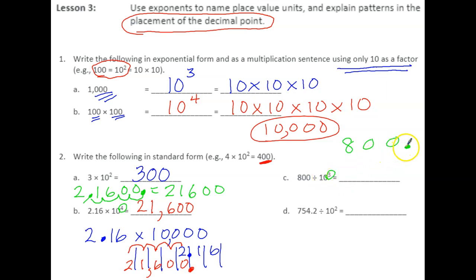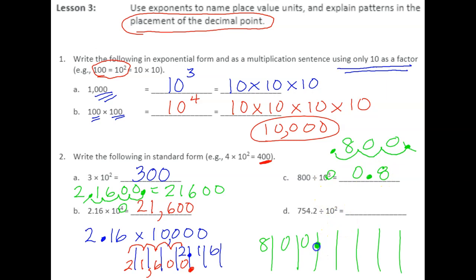Every movement is going to be an adjacent movement of the digits. So divided by 10, divided by 10, divided by 10. That's 3 moves. Now my decimal is going to appear to have moved to in front of the 8. So I would have 0 and 8 tenths, or 800 divided by 1,000 is going to be 8 tenths.